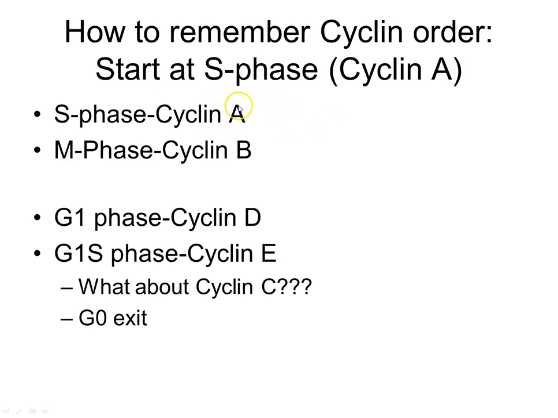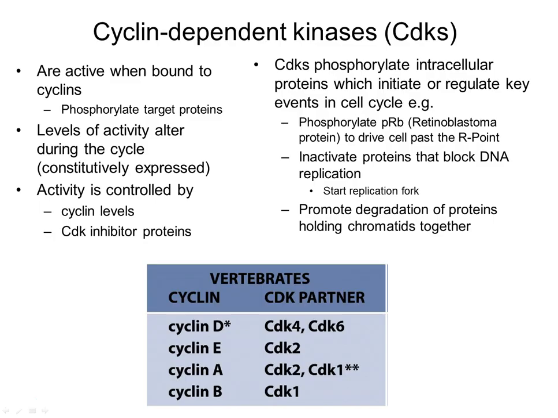So they were called cyclin A. And then the next cyclin that appeared was cyclin B, cyclin D, cyclin E, and there is a cyclin C that is related to G0 phase of the cell cycle. So if you remember that for some people the cell cycle starts at S phase, you just remember it's A, B, C, D, E.